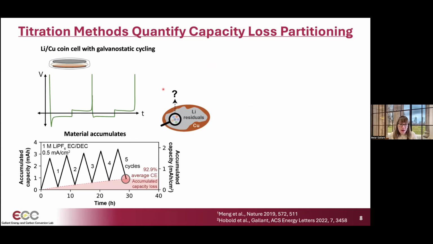One way to powerfully get insight into the SEI that's emerged in recent years is to exploit the fact that this irreversible material accumulates on the copper current collector after cycled plating and stripping.